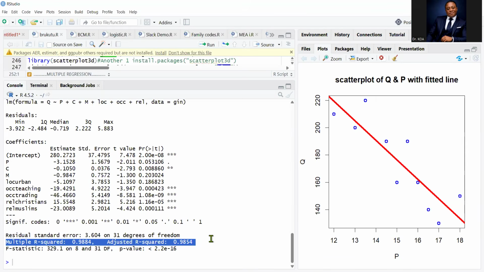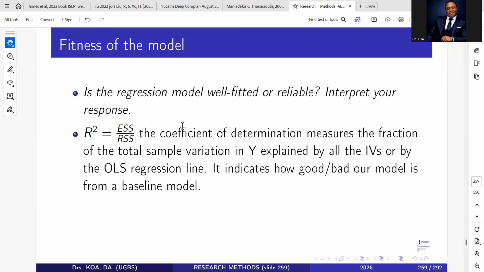Well, the multiple R squared generally tells you the variability in the dependent variable as a result of the variation or variability in the independent variables. It tells you the fraction of the total sample variation in the dependent variable that has been explained by all the independent variables. Sometimes we say that has been explained by the entire regression line.